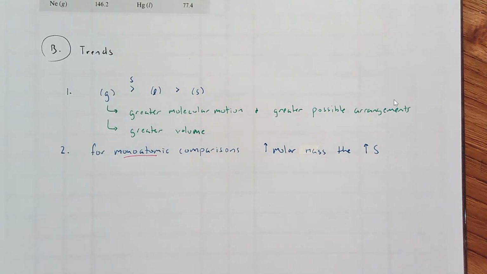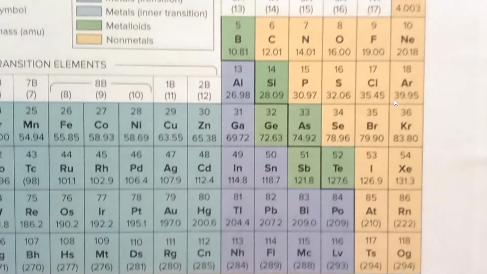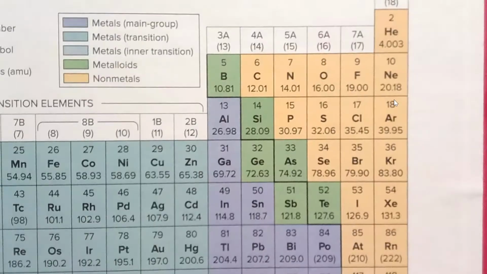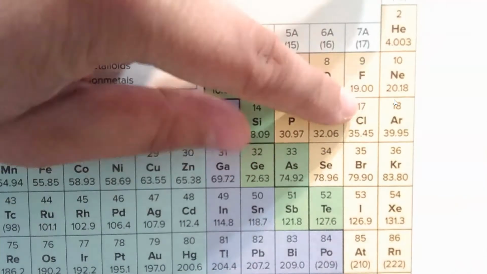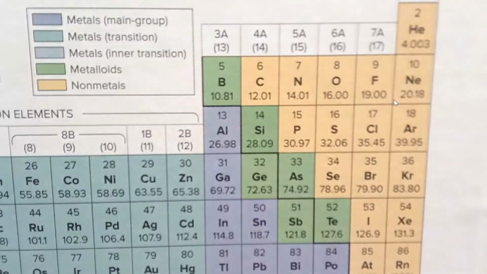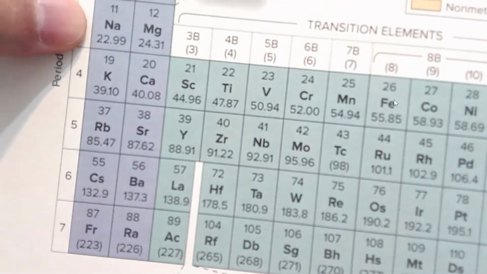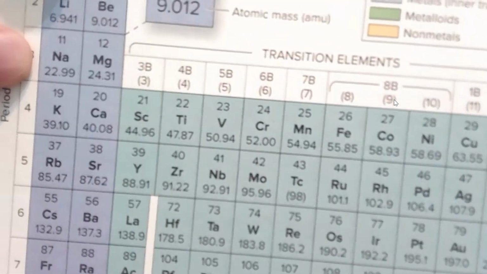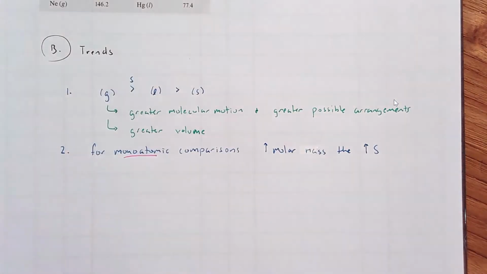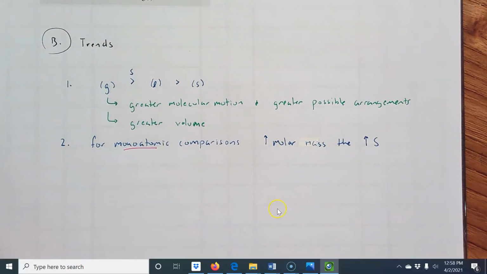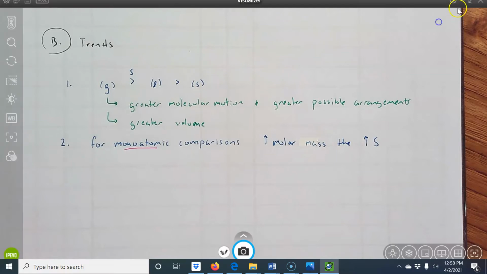My apologies. Oh, here we go. Greater the molar mass, the greater entropy. We have helium. Neon is 20 grams per mole. Sodium is 22.99. So it looks like sodium, I hope, has greater entropy when the phases are the same.